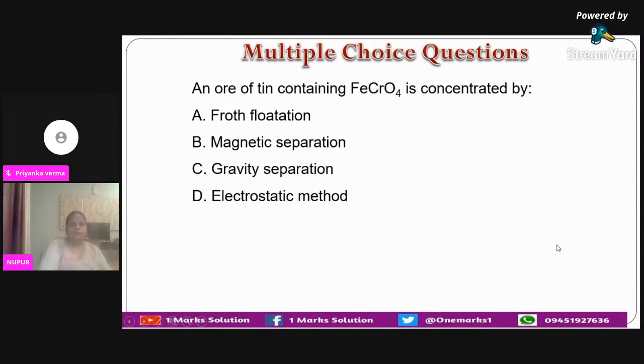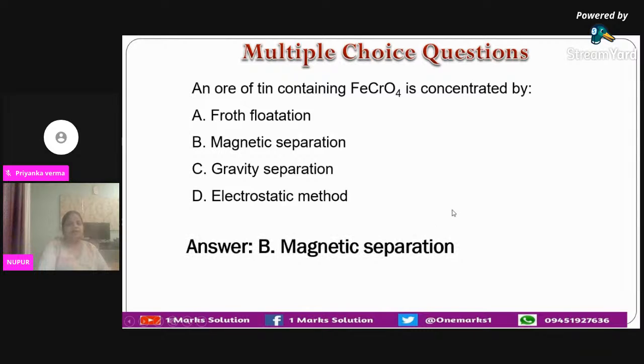We now go that if an ore of tin is containing FeCrO4 as an impurity, so how can it be concentrated? Froth flotation, magnetic separation, gravity separation, or electrostatic method. Now here the impurity is magnetic substance.